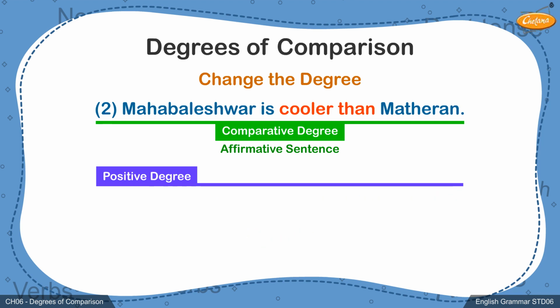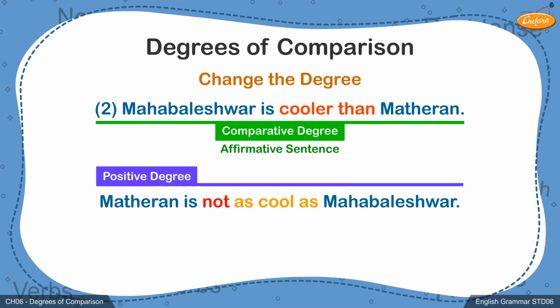First, let's swap the two places. Matheran, Mahabaleshwar. Let's maintain the verb is. Next, we introduce the negative word. We rewrite the adjective cool in positive degree. Matheran is not as cool as Mahabaleshwar.